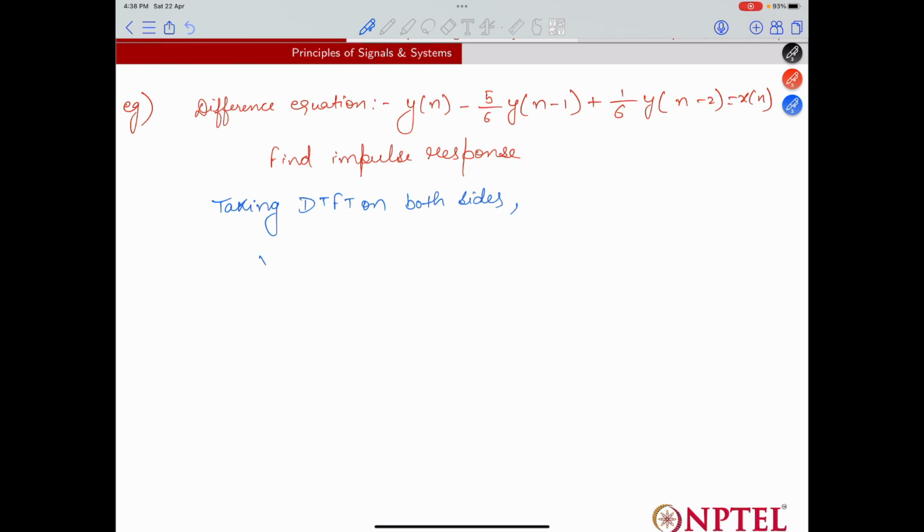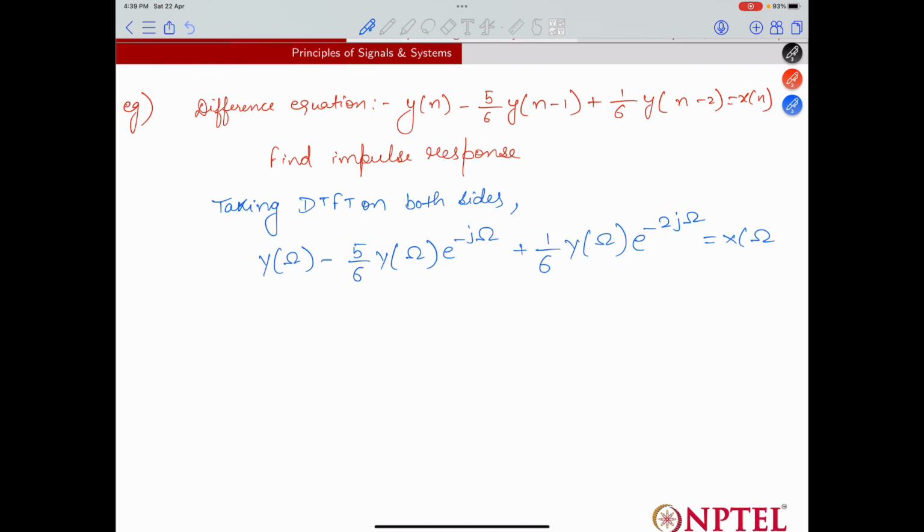y[n] will become Y of omega, minus 5/6 Y of omega, here it is n minus 1, so it will become e to the power of minus j omega, plus 1/6 Y of omega e to the power of minus 2j omega, that is equal to X of omega.